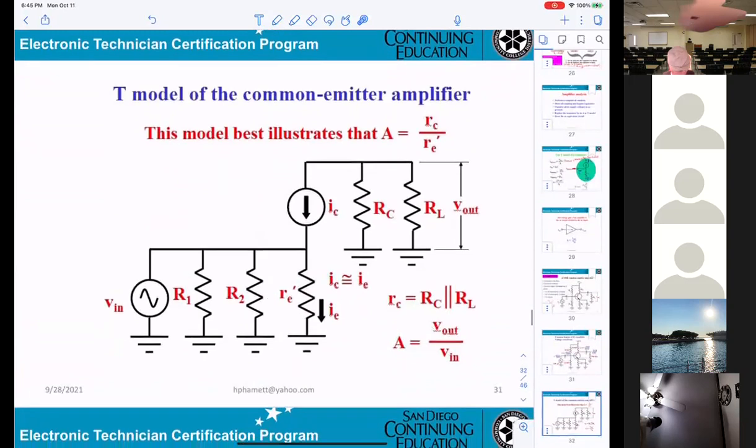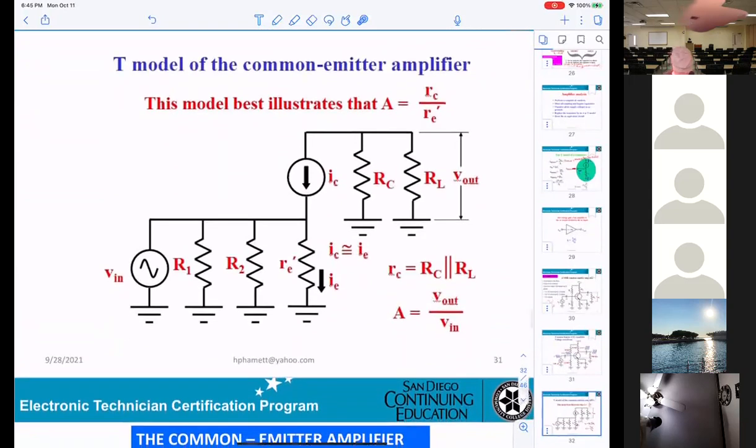Okay, now you can see this is the T model of the common emitter. If you're looking into this model here, you know this is the base, this is the collector, this is the emitter.